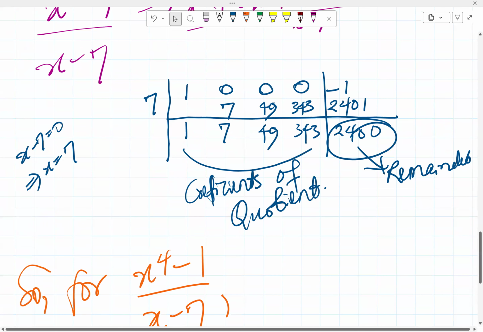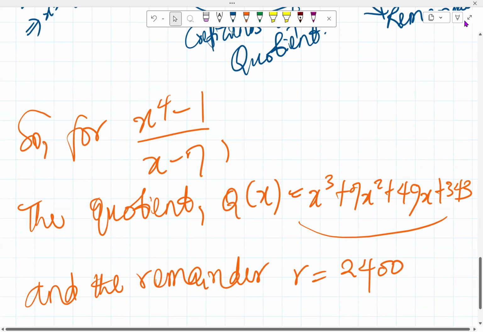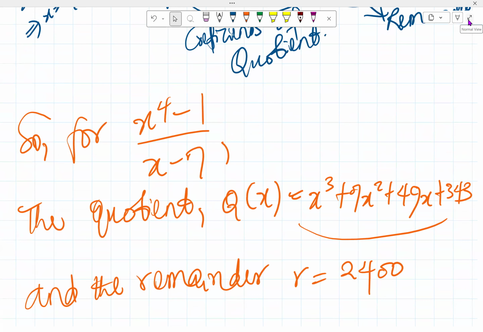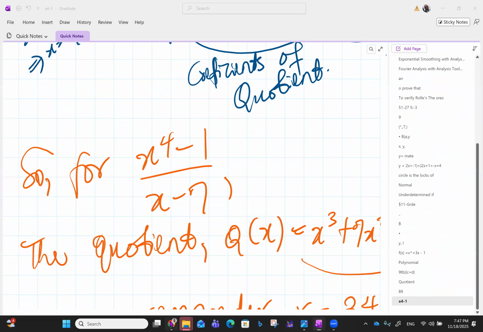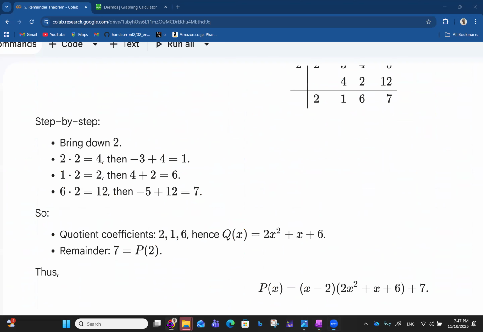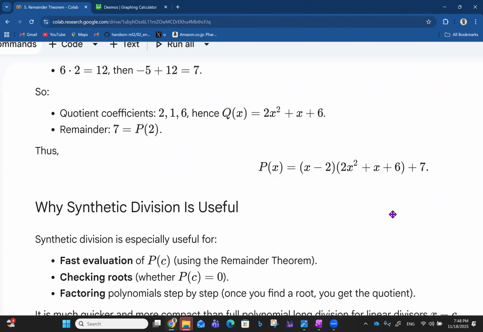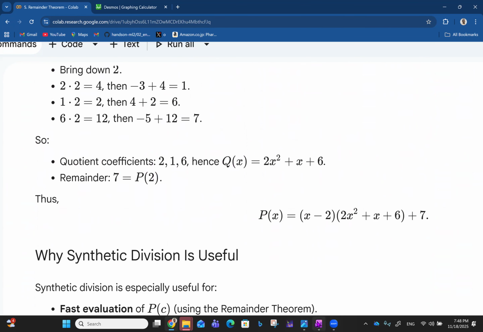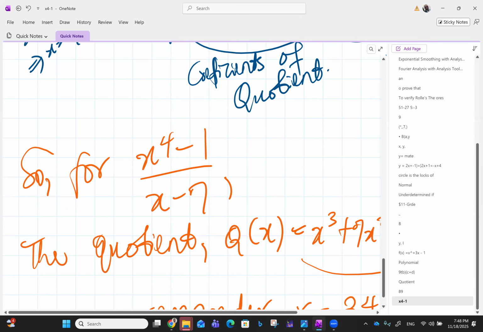So that's exactly what we got when we substituted that directly. Okay, so that's the beautiful thing about this synthetic division. It's pretty fast. Okay, we can write like we've been doing, right?